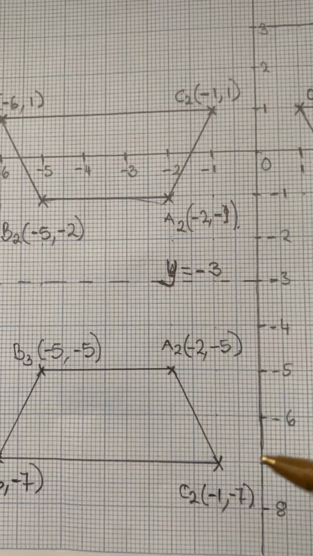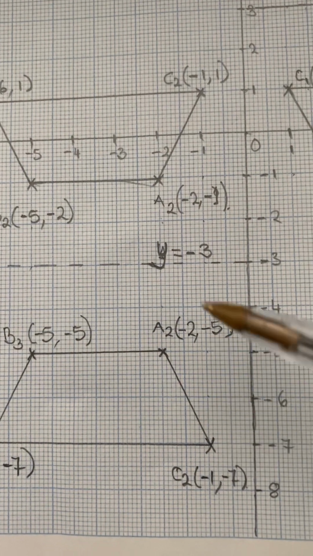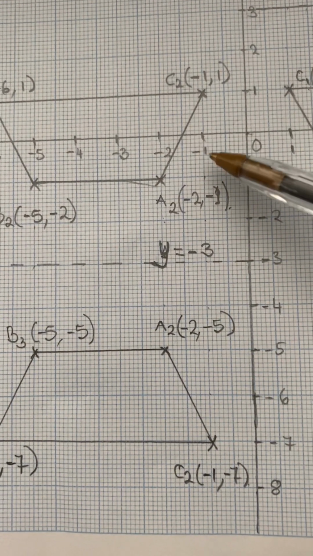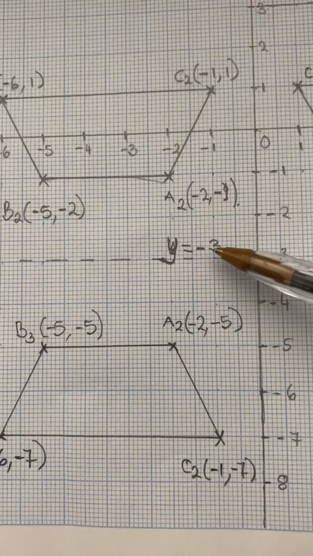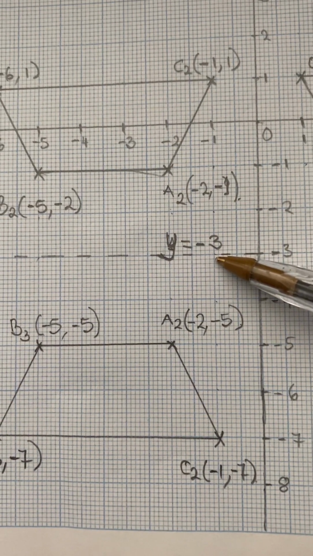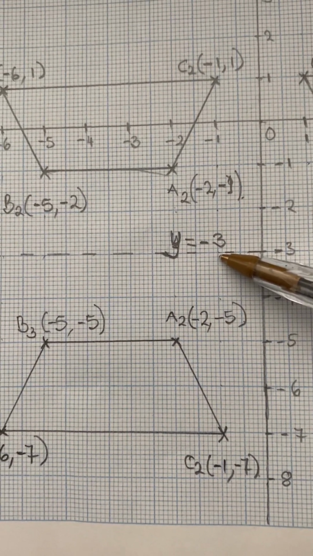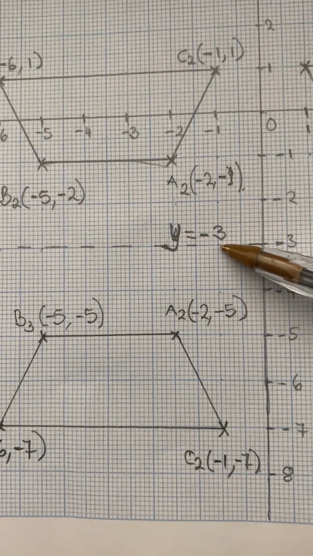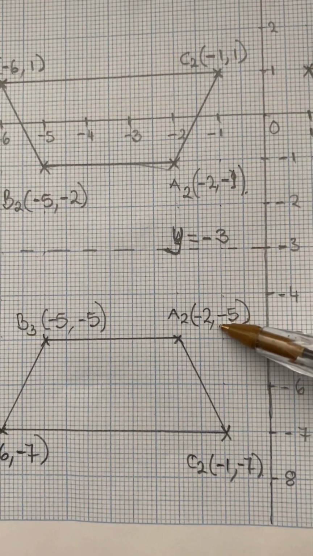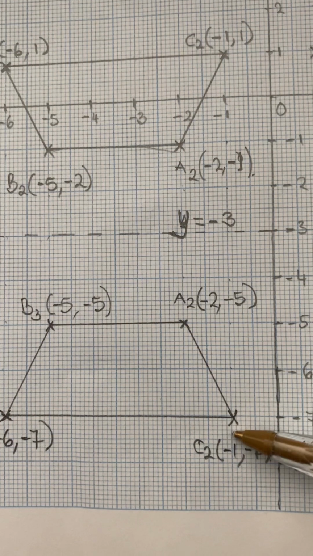Now C3, 1, 2, 3, 4. You get to the line y equals -3, 1, 2, 3, 4.